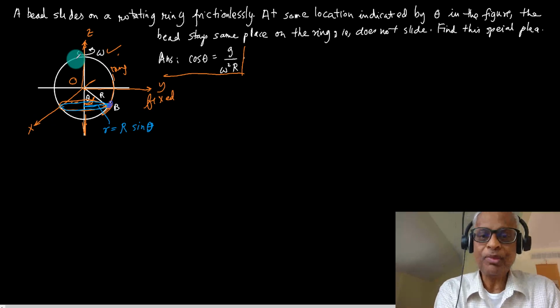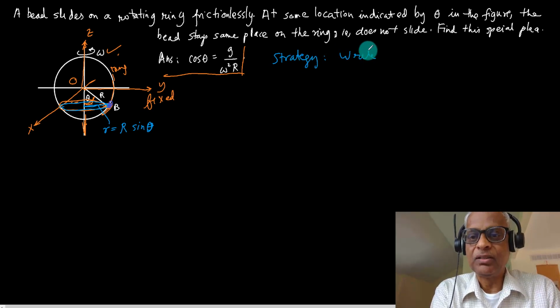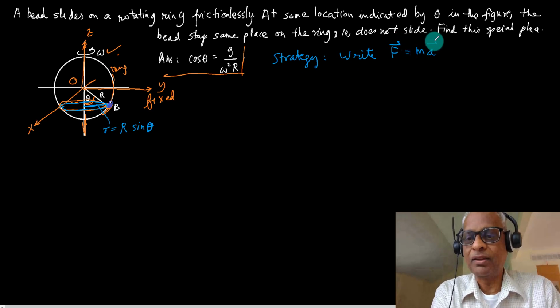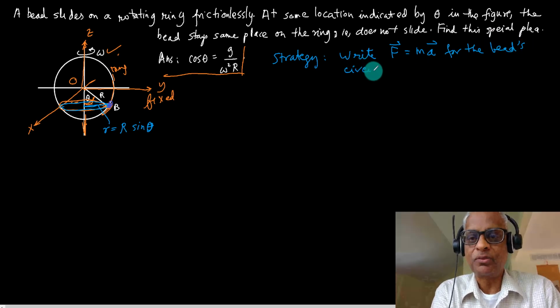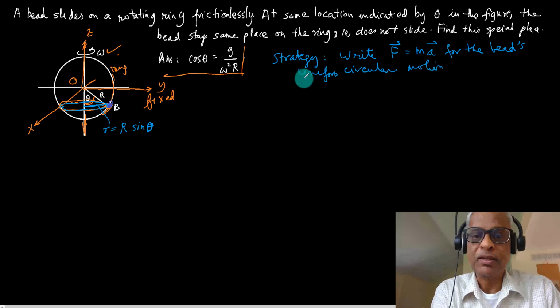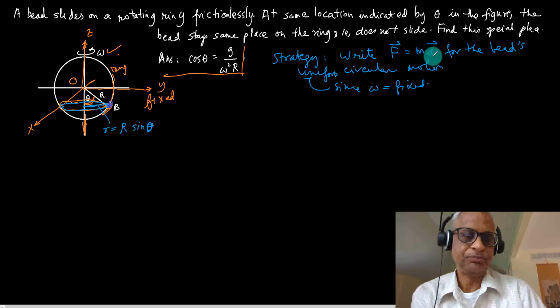So the strategy is to write F equals ma for the bead. It's a uniform circular motion, uniform since omega is fixed.